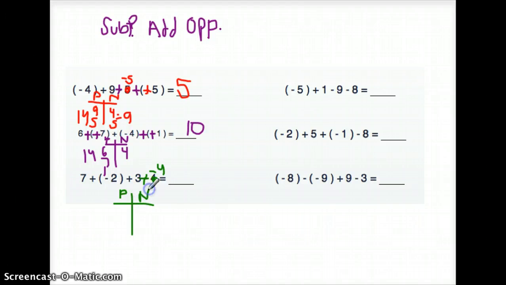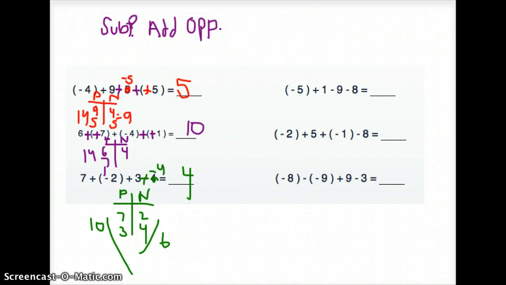Fill in the numbers where they belong. Alright, and then who wins? Well, positive has 10 points total, if we add all those up, and negative has 6 points total. So who wins? Positive wins by how much? They win by 4, so my answer there is 4.